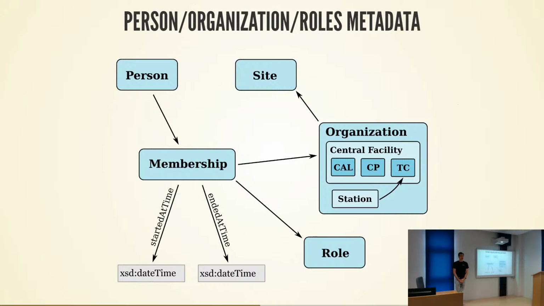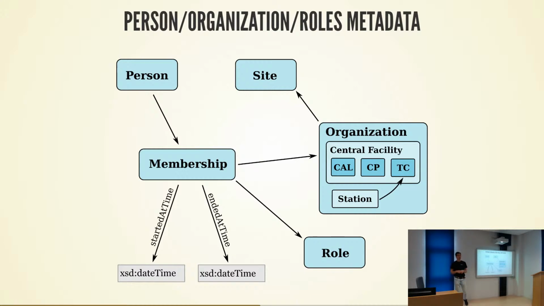People and organizations, for us, are linked together through a little design pattern we call a membership. It's basically a hub metadata entity that links together people, their roles, organizations, and time.